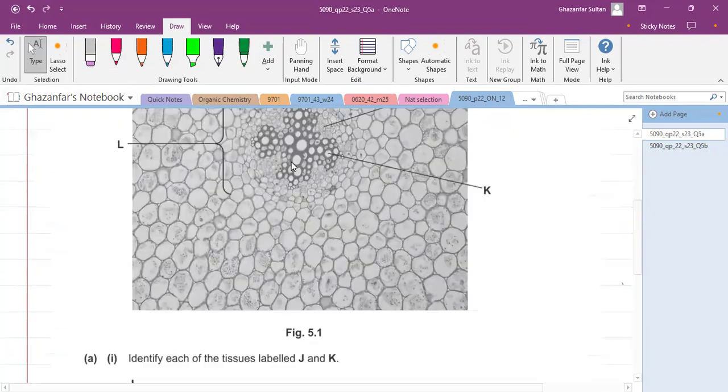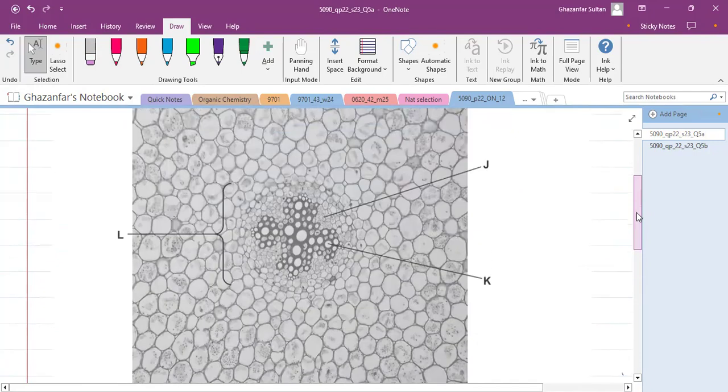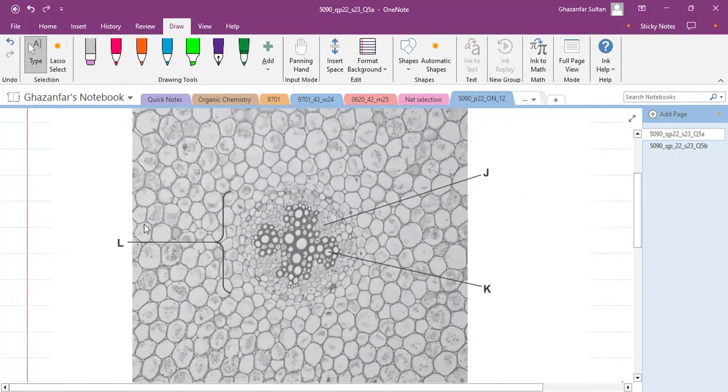If you observe, there is a structure labeled L, and L labeled this whole circle.